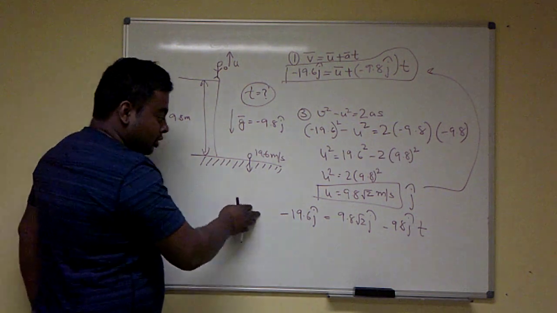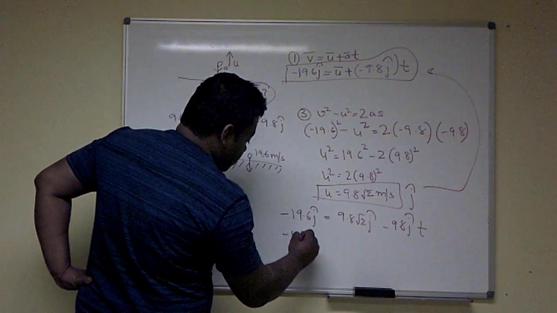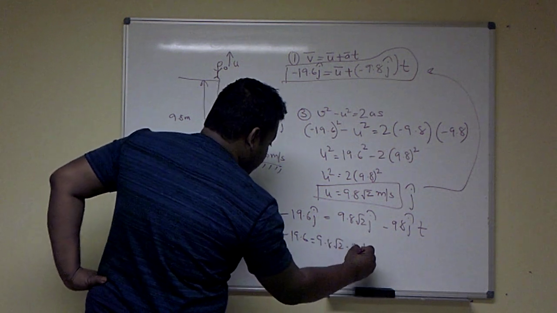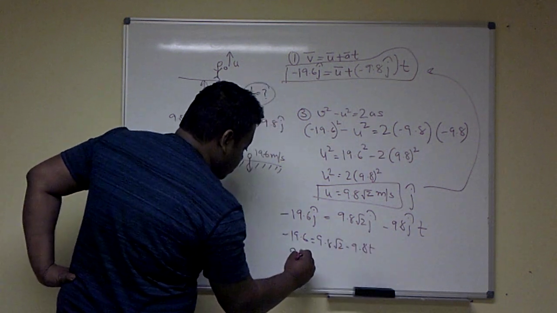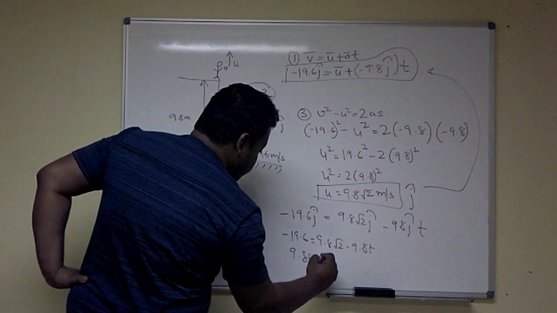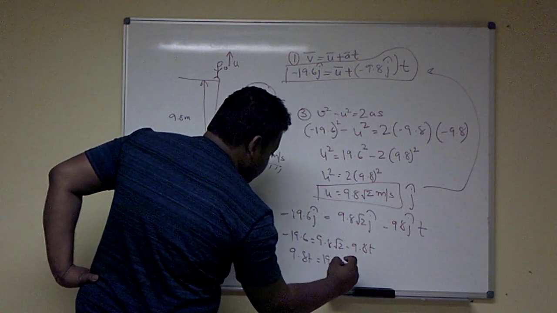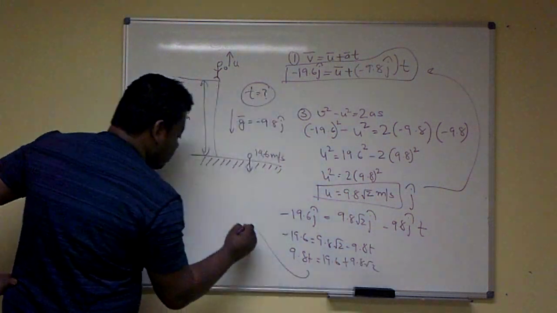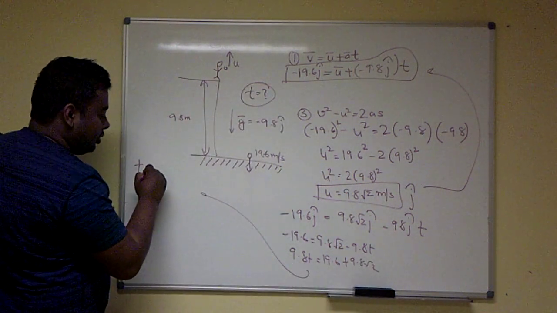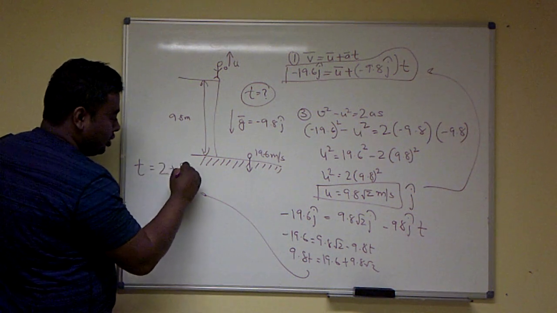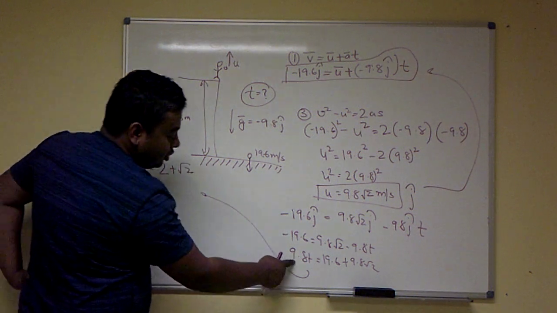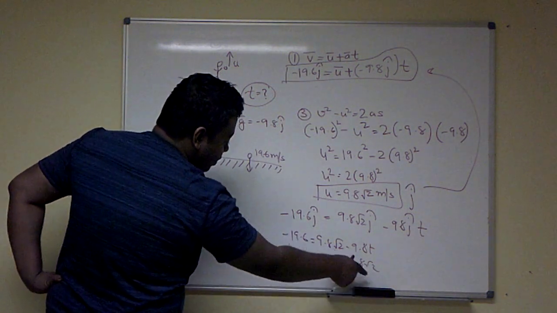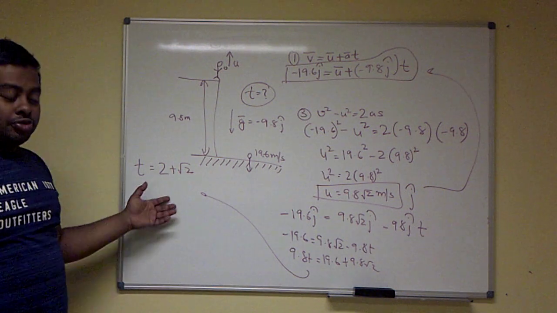So this is minus 19.6 equals 9.8 root 2 minus 9.8 t. So 9.8 t will become 19.6 plus 9.8 root 2. So your time will become 2 plus square root of 2, because when you divide 19.6 and 9.8 root 2 by 9.8, you get 2 plus square root of 2.